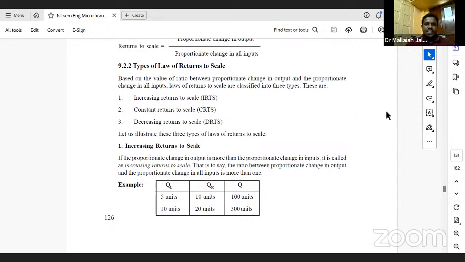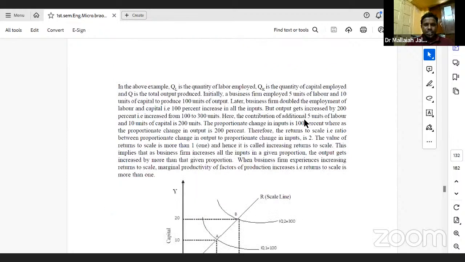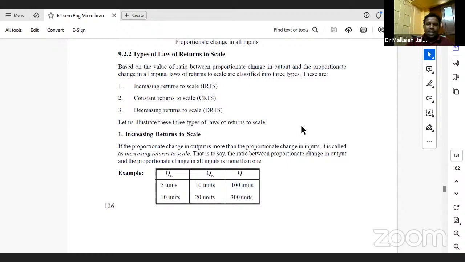So for increasing returns, see the diagram and this table: QL is the quantity of labor, QK is capital, Q is the output. With the help of capital and labor, initially 5 units of labor and 10 units of capital are used, and more than this, the output is 100.